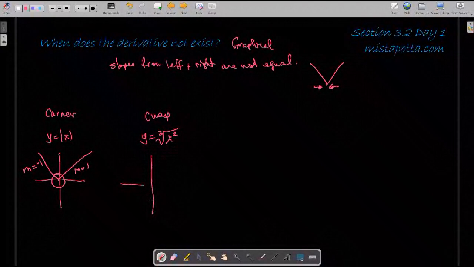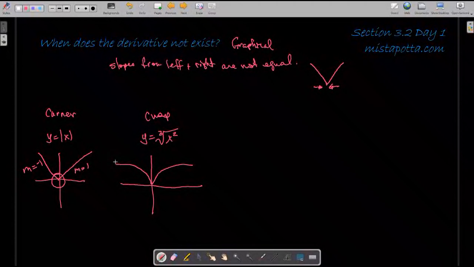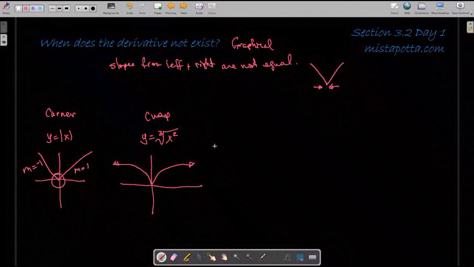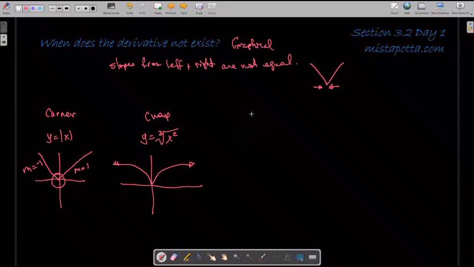So this is an even function that has a lot of similarities with the absolute value function, but it's not an actual corner. What I've actually got is a curved tip here. So we call that a cusp. And the third situation is whenever I'm dealing with vertical tangents.